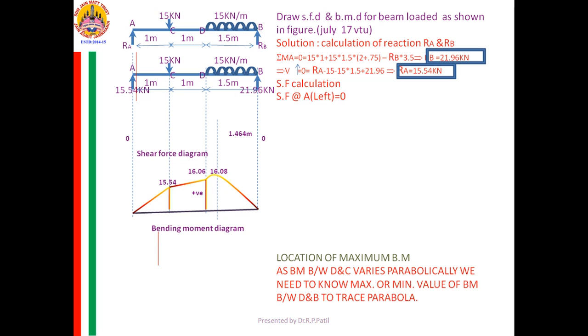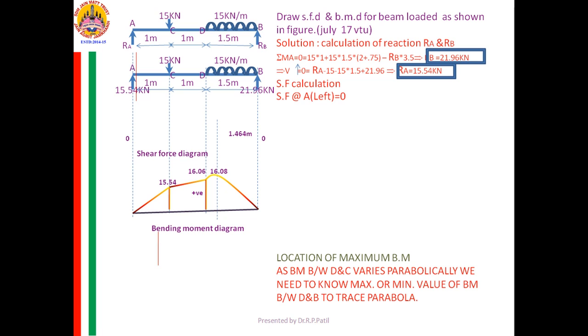That red line indicates where we are calculating the SF. Yes, I want the SF at right of A. Now how I am doing the calculation is, what is there till the left I am calculating? It is 0. Now when I am jumping to the right, what is the new load there?